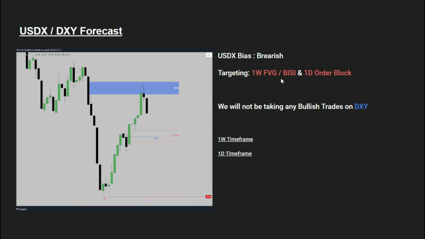Targets will be the 1 week fair value gap, BISI, buy side imbalance sell side inefficiency, and the 1 day order block, which I believe is within the 1 week fair value gap. In other words, we will not be looking to take any bullish trades on DXY when we have our bias set bearish. So now let's get into that.